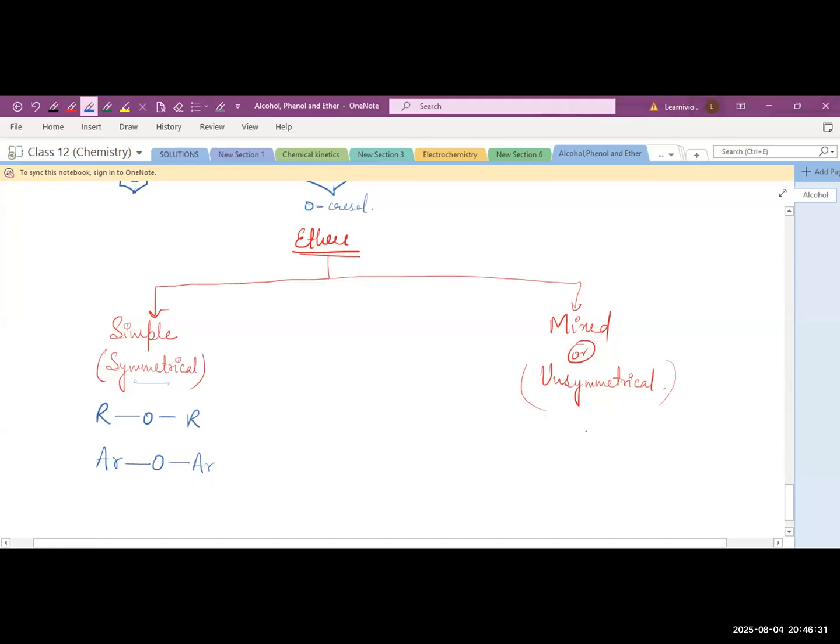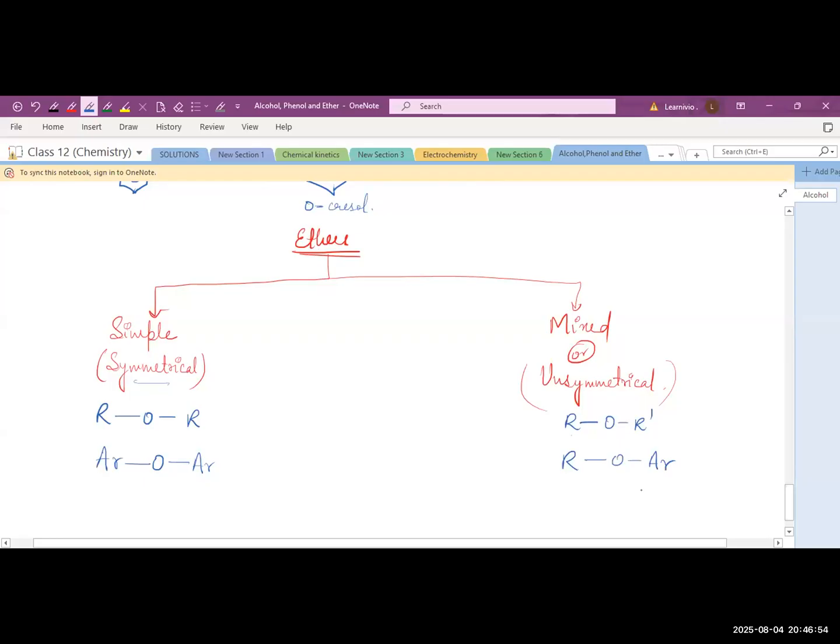Now, in a mixed type, ये क्या होता है mixed type में? So it will be ROR dash, right? So R is different from the R dash. Here, suppose यहाँ पे अगर CH3 है, तो यहाँ पे कुछ और होगा आपका, like C2H5 होगा, right? और यहाँ पे आपका aromatic होगा.